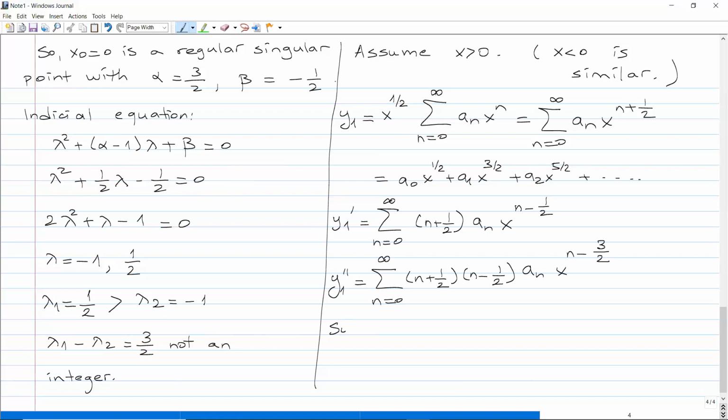And now substitute into the equation. And what was the equation? Let's remember: 2x squared y double prime plus 3x y prime plus (2x squared minus 1) y equal to 0.